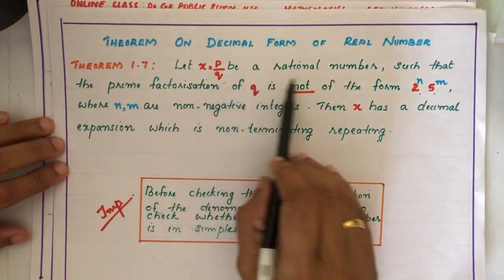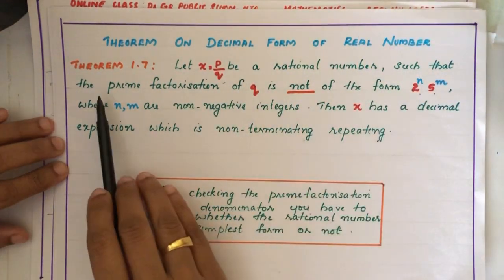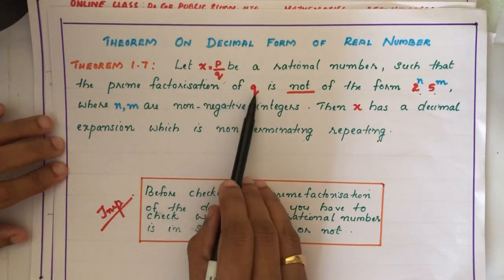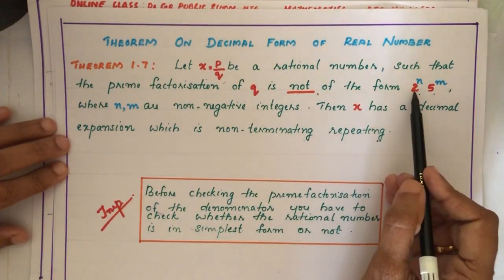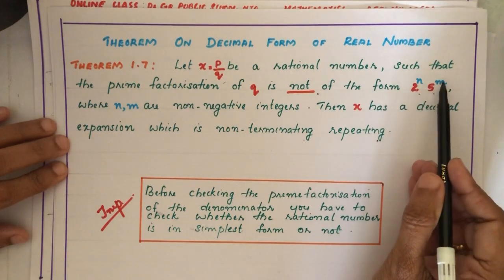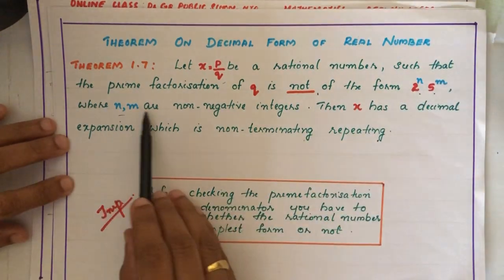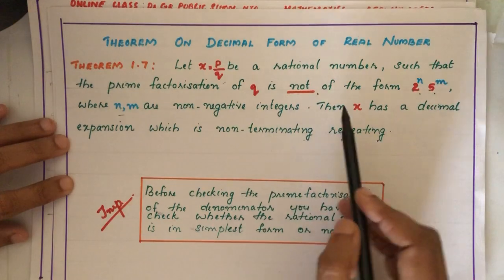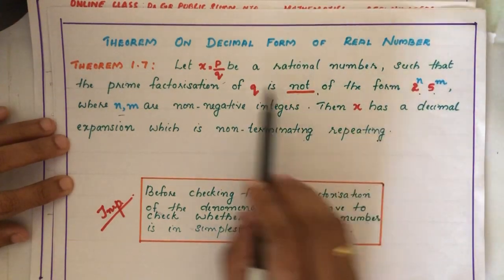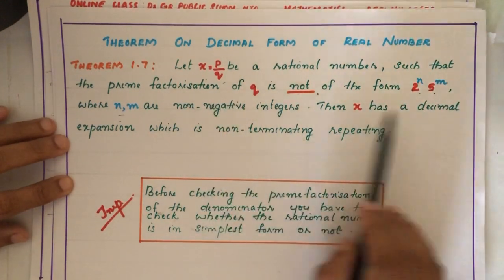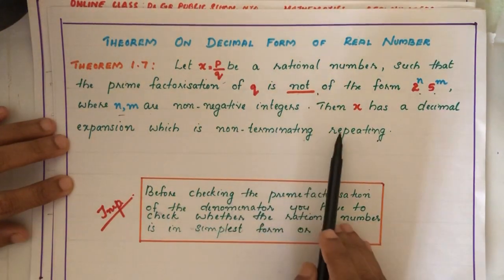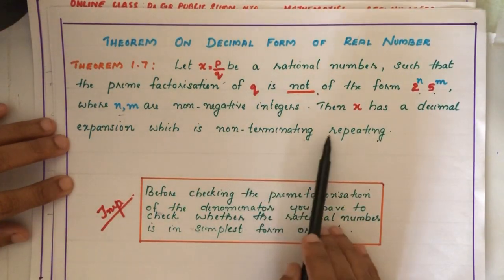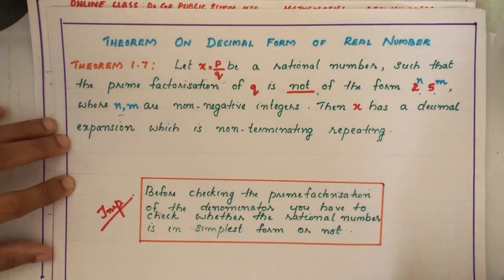If x is a rational number such that the prime factorization of q is not of the form 2 raised to n into 5 raised to m, where n and m are non-negative integers, then the rational number has a decimal expansion which is non-terminating repeating or recurring.